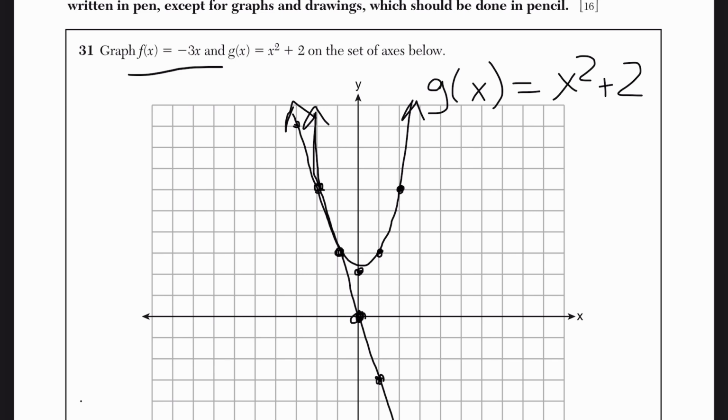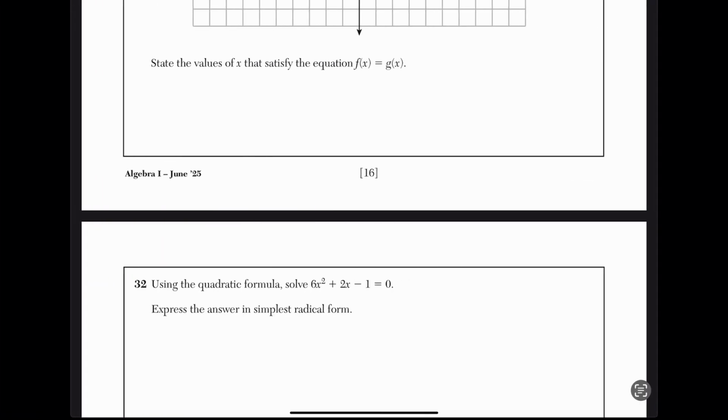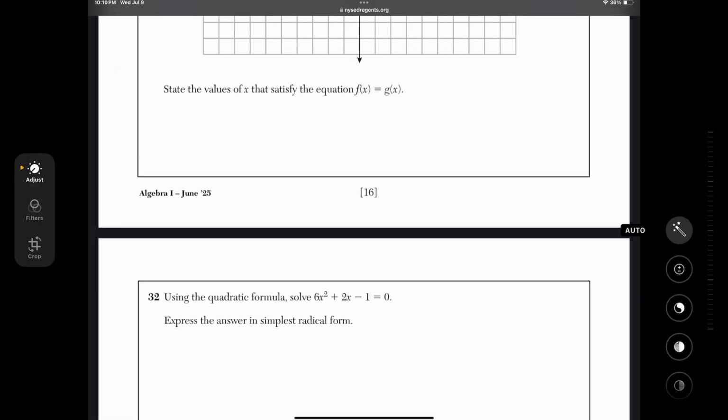There is a follow-up question, which I had to split up into two screenshots. But basically it just asks for which x values are f of x and g of x equal. You're just looking at the intersection points. But a common mistake students were making was they were writing the coordinates, but you just want to write the x values.